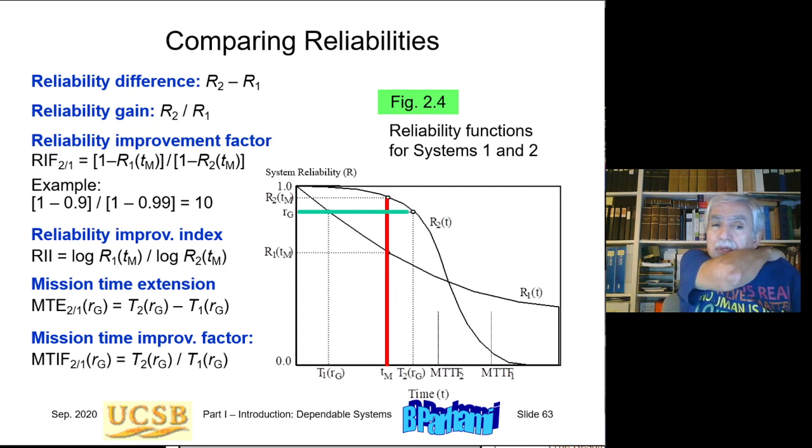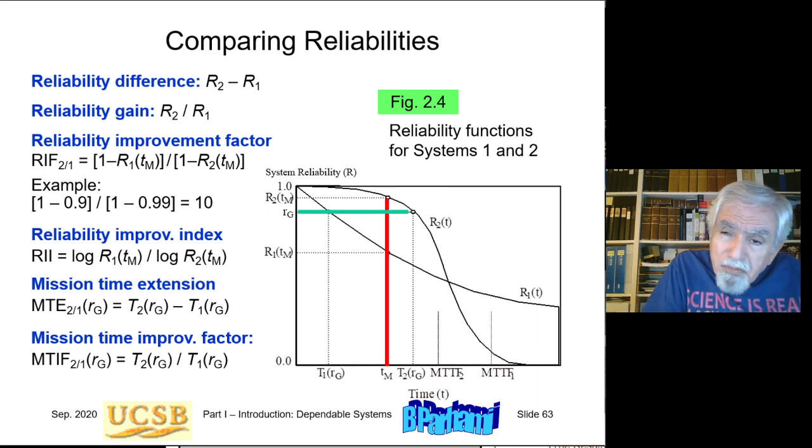Now, the problem with reliability difference and reliability gain is that the systems that we compare often have very close reliabilities. The difference is not as significant as you see on this diagram. And therefore, R2 minus R1 is a very small number, pretty close to zero, and R2 over R1 is a number that is pretty close to 1.